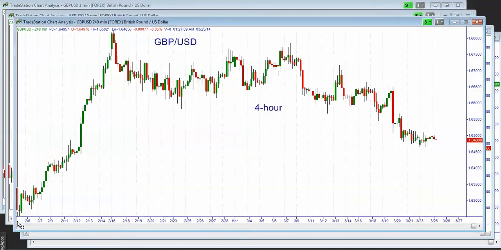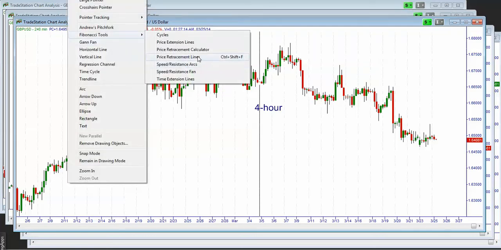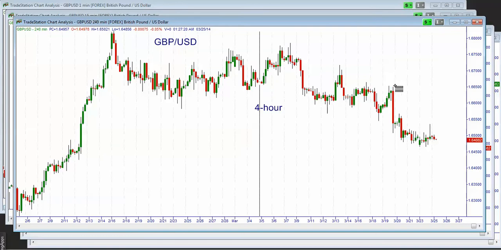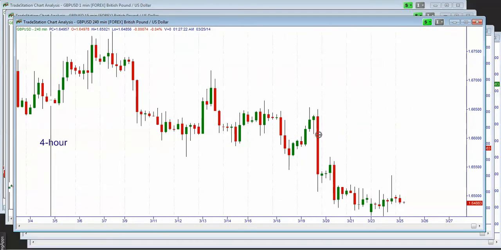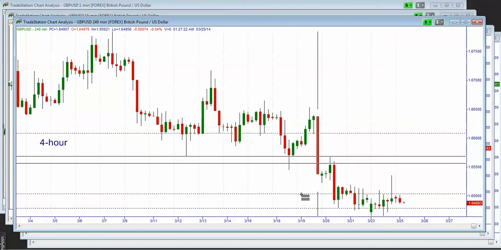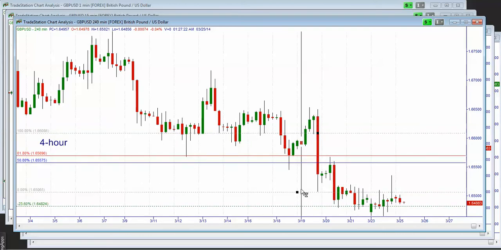Moving to the 4-hour chart, there is not really a lot to say here. Actually, one important thing that we could notice is that the 4-hour chart is showing a sequence of extension short here, and we had this level trading 165.57.